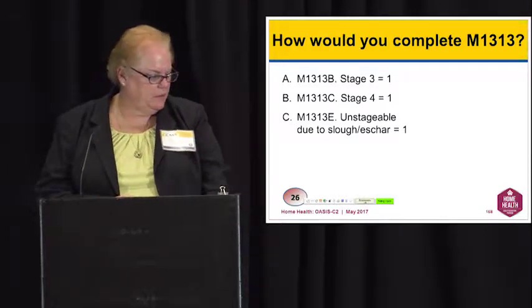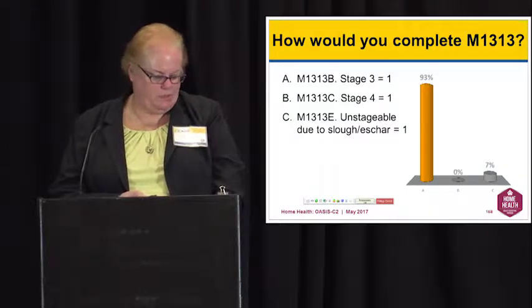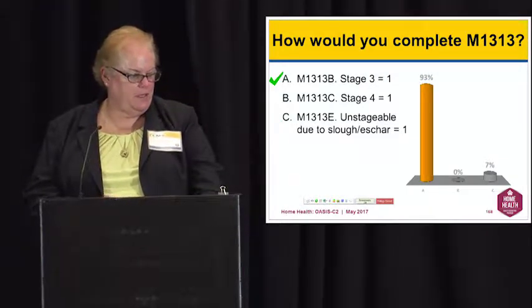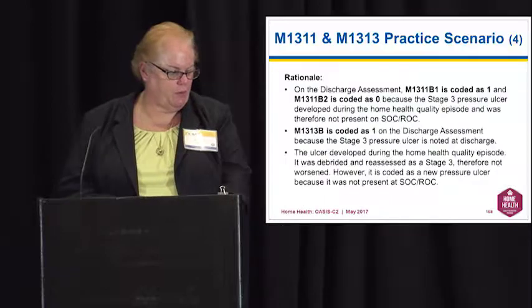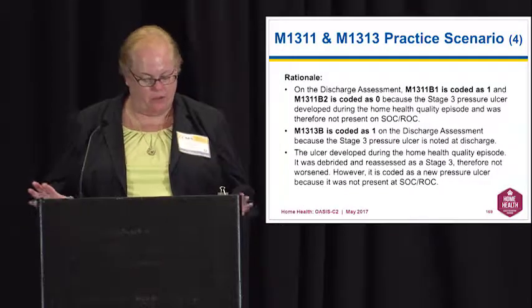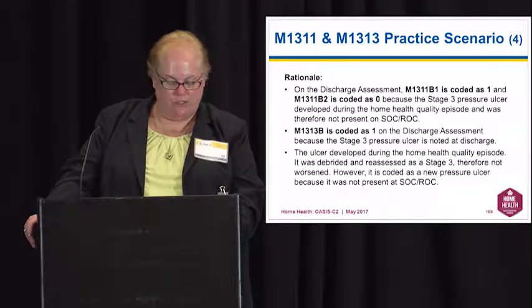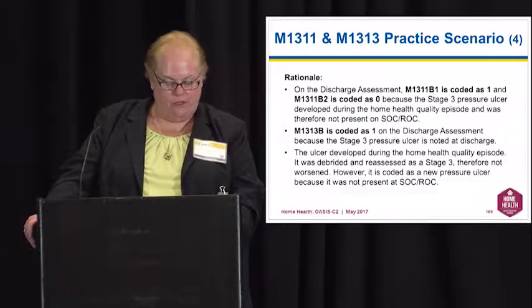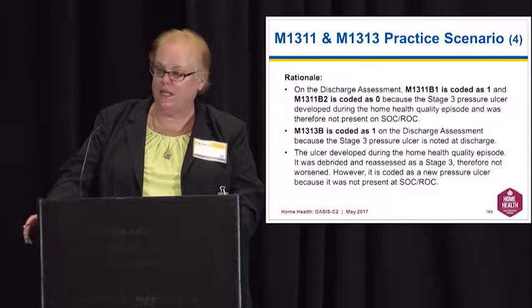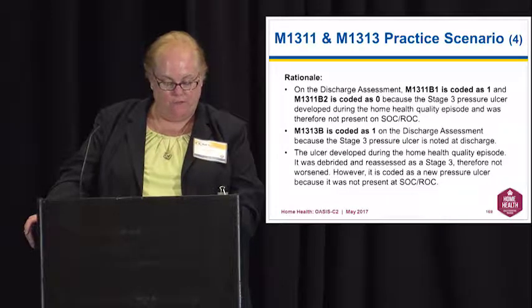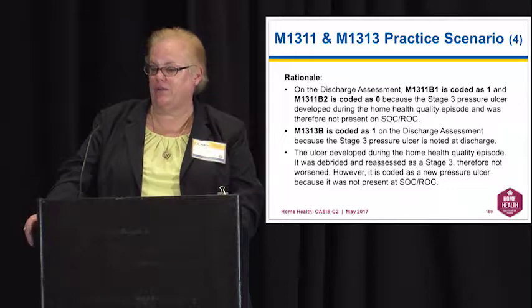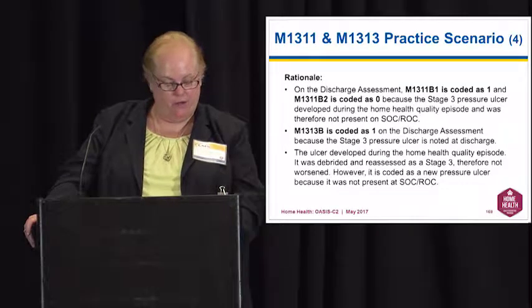Okay. So this one, a lot more confident on this, and most people were correct. So let's go through what the rationale here was. On the discharge assessment, M1311B is coded as 1, and M1311B is coded as 0, because the stage 3 pressure ulcer developed during the home health quality episode and was therefore not present at the start of care or resumption of care, right?